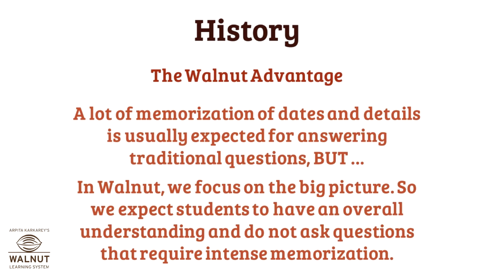Many a time, a lot of memorization of dates and details is usually expected for answering traditional questions. But in Walnut, we focus on the big picture. So, we expect students to have an overall understanding and do not ask questions that require intense memorization.